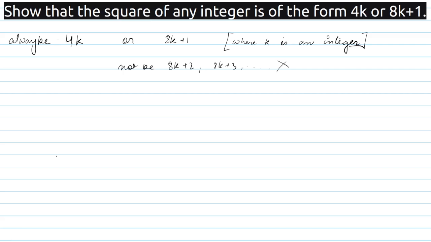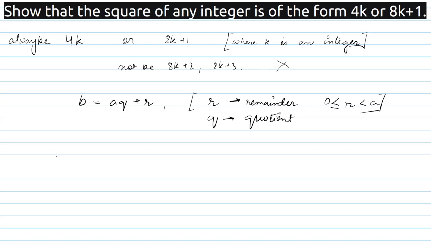Informally, it says that when you divide any integer b by any positive integer a, we will always get a unique quotient q and a unique remainder r, such that b equals aq plus r, where r is the remainder, r lies between 0 and a, and q is the quotient.